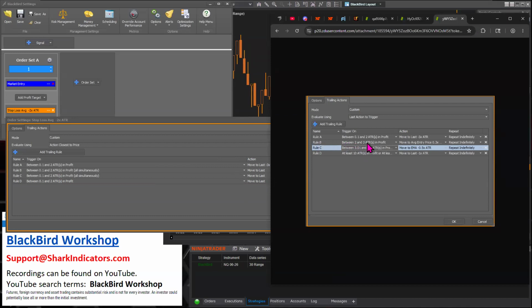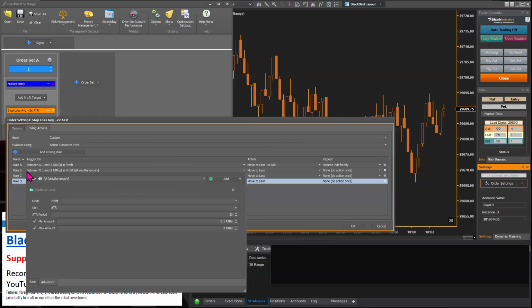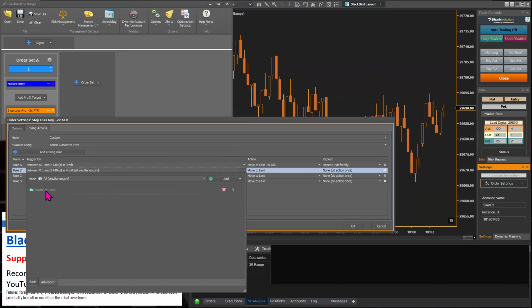All right, so now rule B is between 2 and 3 ATRs in profit here. So let's open up rule B. We already have the 0.1 to 2, so that's that. And we're going to add another profit or loss. So we can see we have 2 profit or loss triggers in here. Let's set this one up.